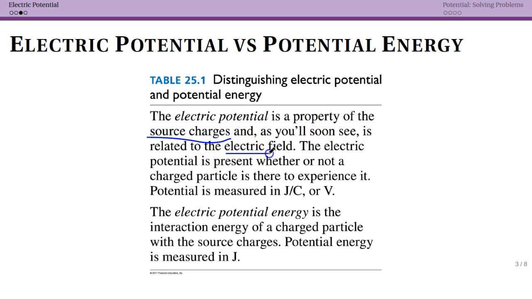And that's just like the electric field. When we met the electric field, we said that that's also a property of the source charges. So really soon, we're going to be talking about the relationship between electric field and electric potential. If there is a charged particle there to experience it or not doesn't matter.